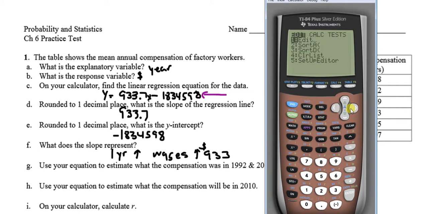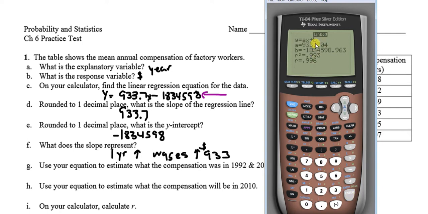When I did my linear regression test at number 4, I used list 1, list 2, and I'm going to store my regression equation into the Y variable in the Y= function. I'll show you what that means. I'm going to store the equation in there.